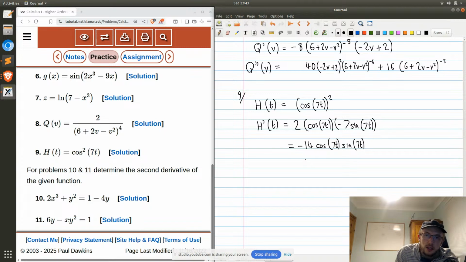Am I saying the number after 69, or am I saying 7t? Who knows? So h double prime of t. This is a product, so we do the product rule. So we differentiate the first one and leave the second one alone, and when we do that, we go, so it becomes this.